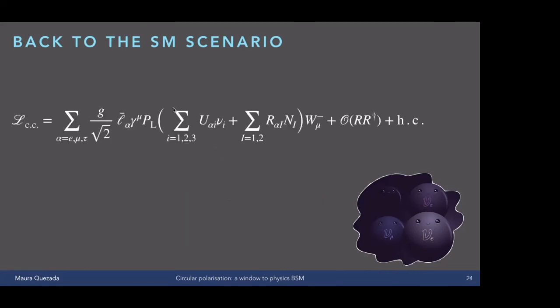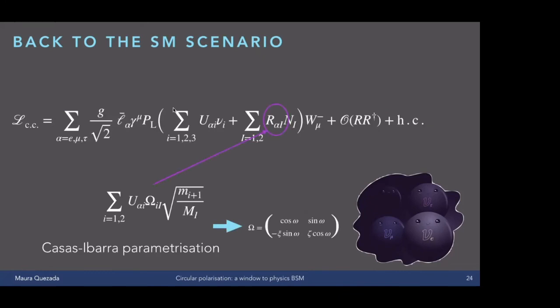So this is just the Lagrangian for this type of interactions, where this is just a fraction of these new particles in the neutrino mixing matrix.